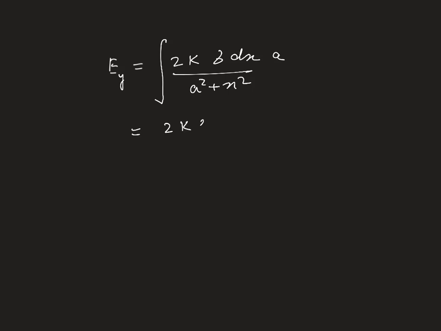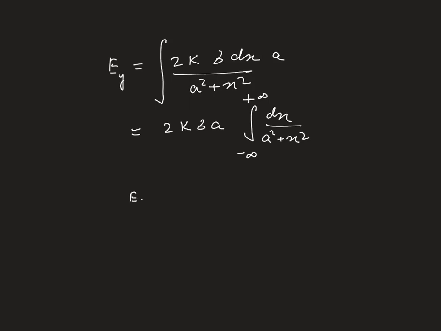So moving on, this was your field: 2k sigma dx a upon a squared plus x squared. Now what is varying here? The only thing that is varying is x, and all the rest are constant, so it will be 2k sigma a outside, dx upon a squared plus x squared, with x varying from minus infinity to plus infinity.